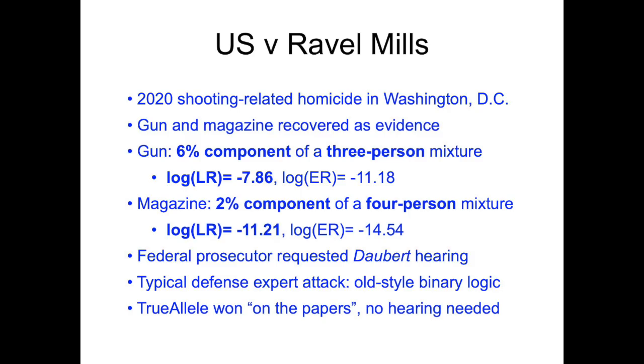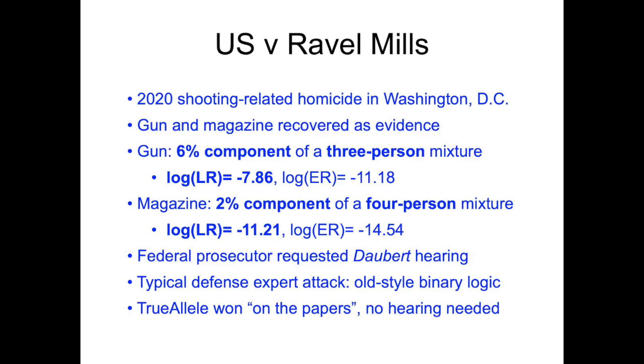The federal prosecutor requested a Daubert hearing. He retained an expert. And the expert concocted an amazingly interesting argument. And in some sense, it was new, but in some sense, it was old.